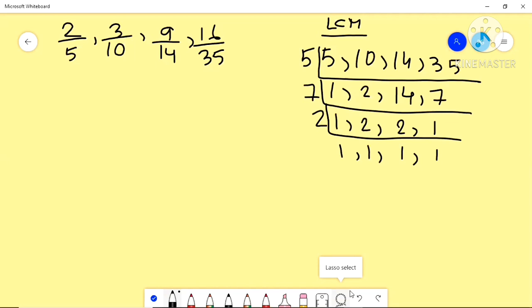Now it's okay. So what we are getting the numbers? 5 into 7 into 2. That is how much? That is equals to 70. So our LCM is 70. So you can write down LCM equals to 70.